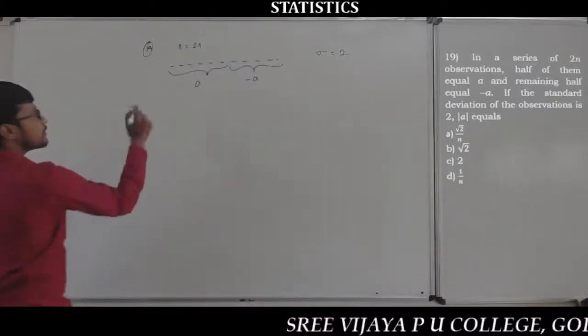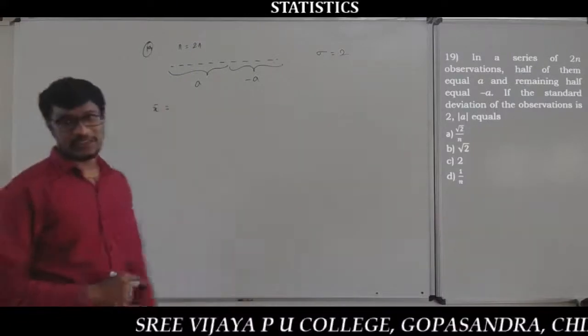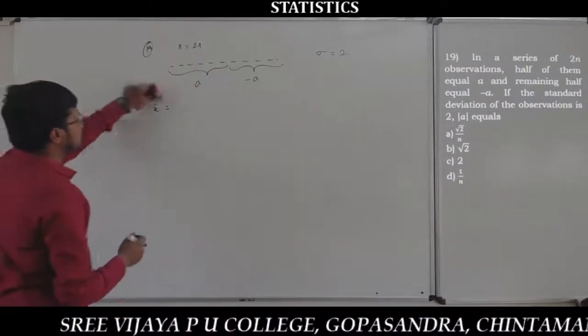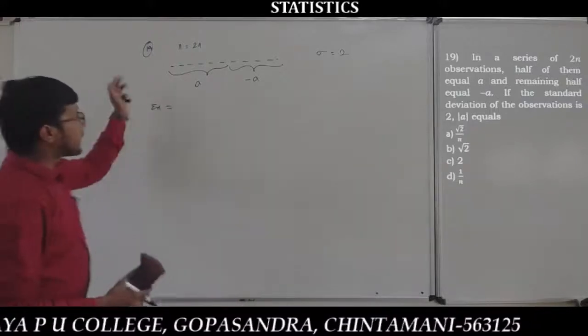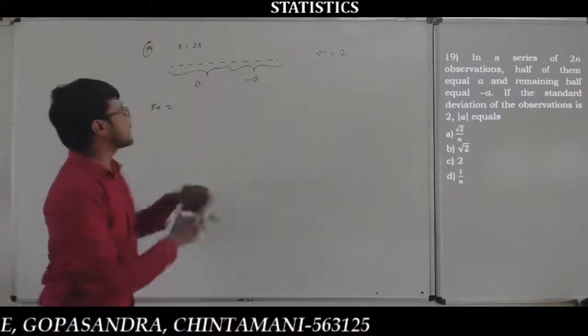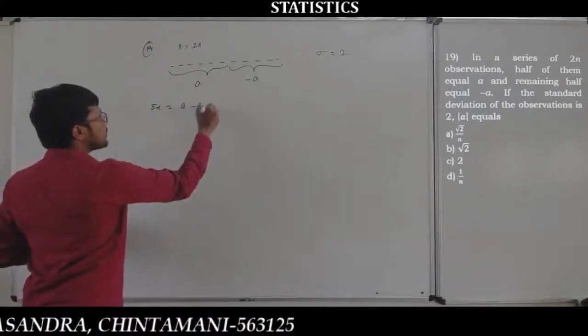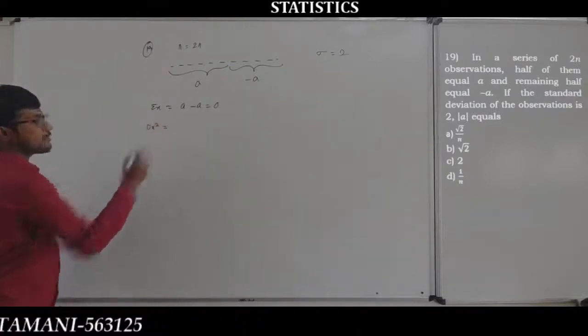So first of all you can find x bar. What is x bar? Summation of x by n. Otherwise we can find summation of x, both are same only. Summation of x means adding all the observations. So from this to this A, from this to this minus A. So the number of observations being equal, it becomes 0. Next, summation of x square.